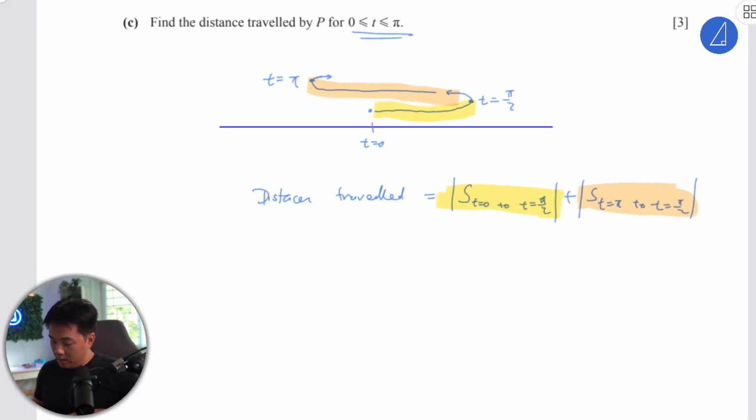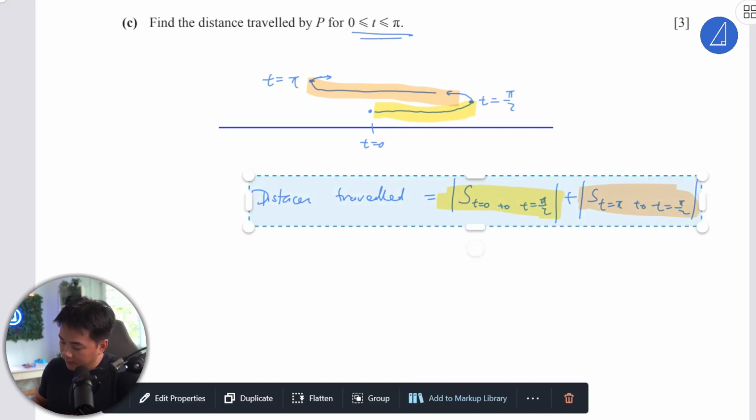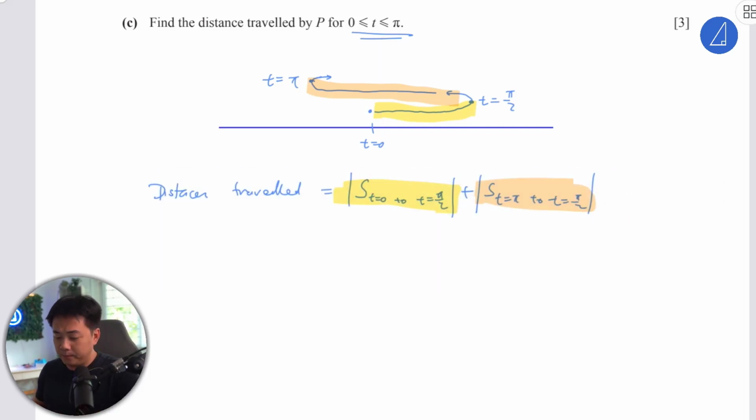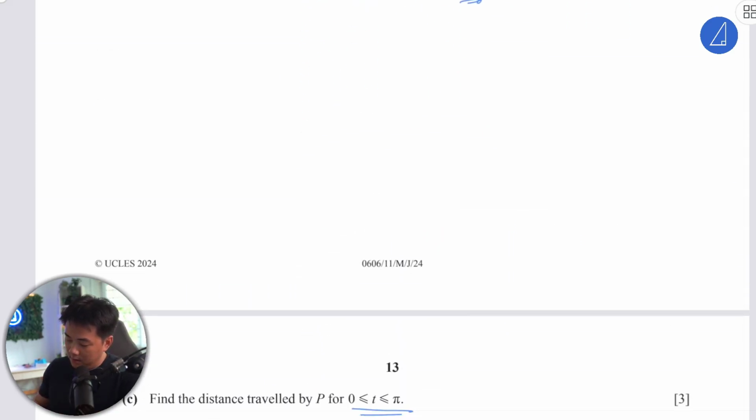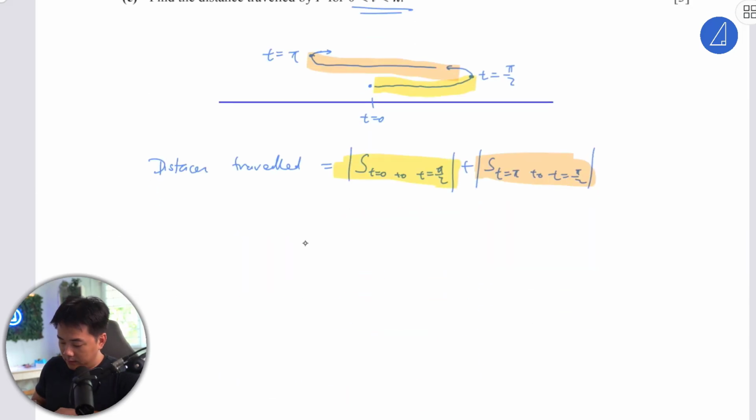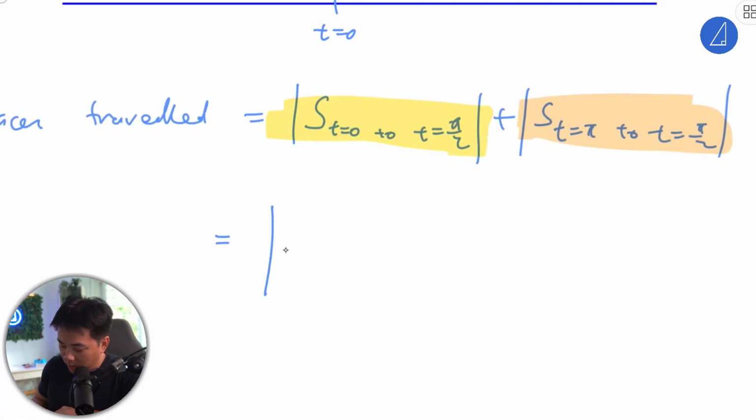So we have s. From here, what we're going to do is just mod this. This will be a positive number, 3 over 2 cosine 2t. You don't really need to mod, but if you want to, by all means.